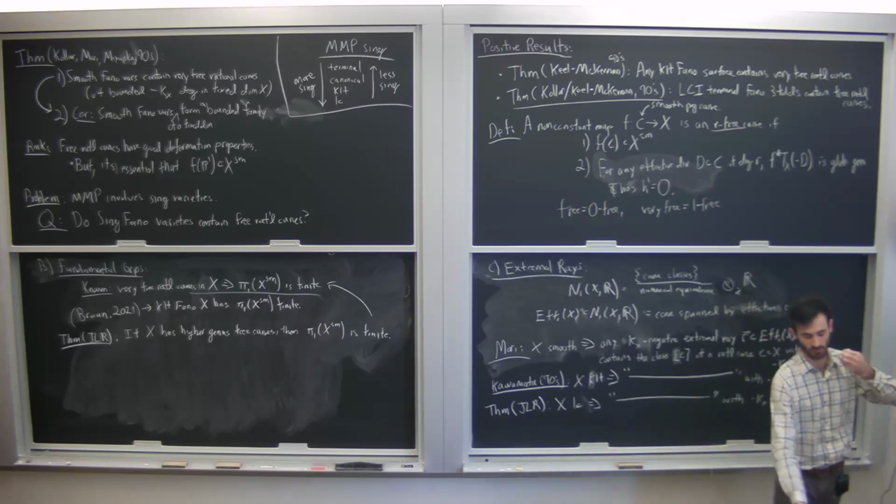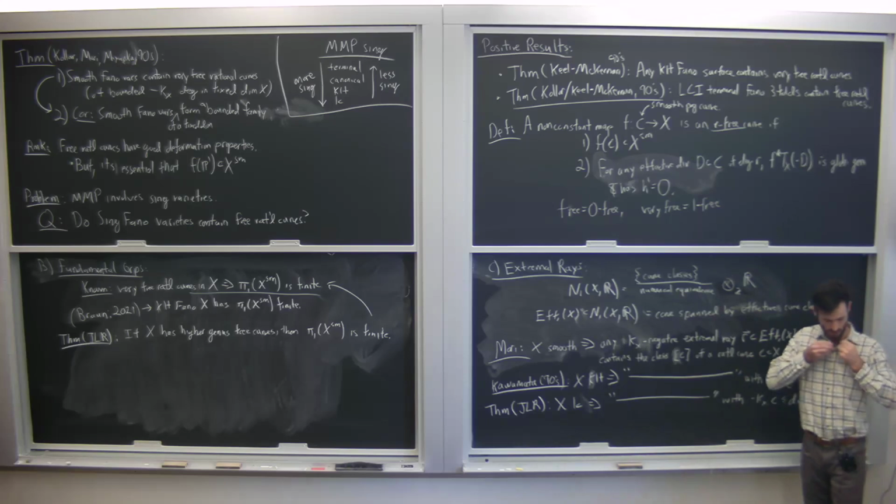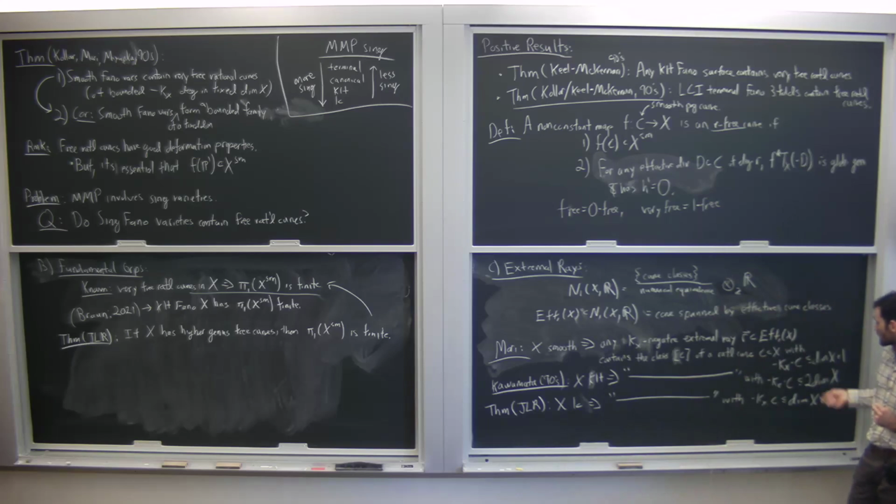So yeah, we improve Kawamata's bound to the same conjectured bound that came after Mori's result in the 80s. And so I think for time reasons, I will end here.